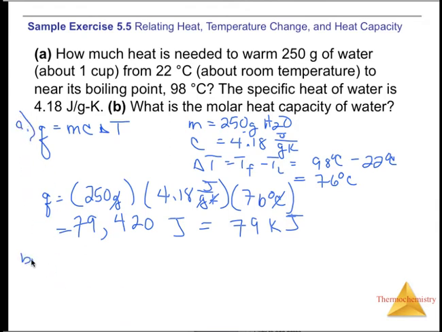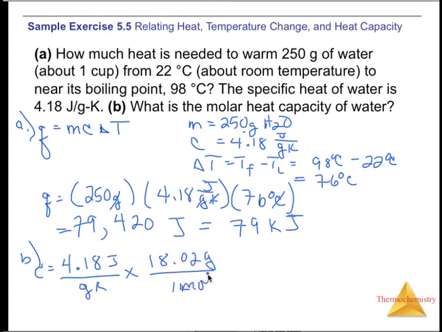My answer for B, it says, what is the molar heat capacity? Well, if the heat capacity is 4.18 joules per gram Kelvin, if I multiply this by 18.02 grams in 1 mole, I will end up with the units joules per mole Kelvin, which is molar heat capacity.